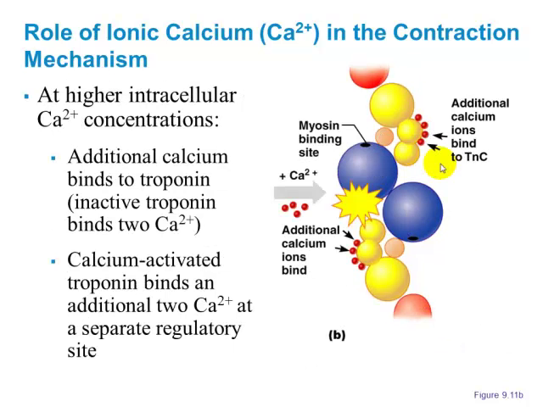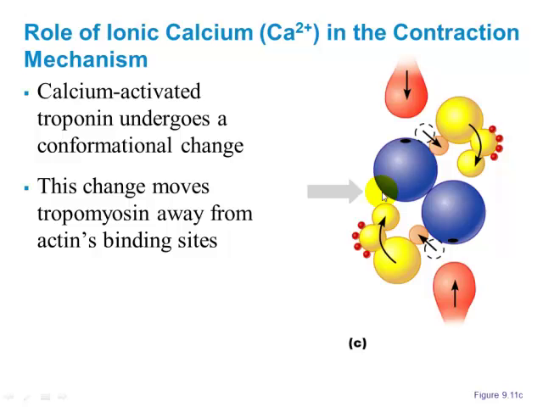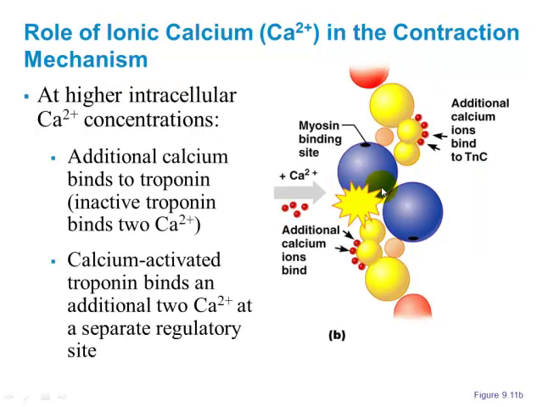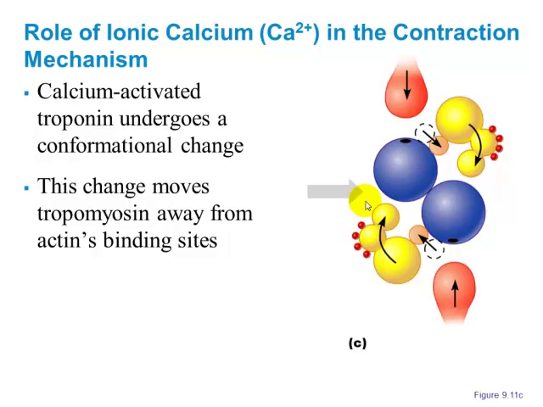When calcium ions bind to one of the subunits of troponin, it's going to start changing the three-dimensional configuration of the troponin, and the troponin is going to fold back on itself, and when that happens, it's going to start rolling the tropomyosin out of the way.